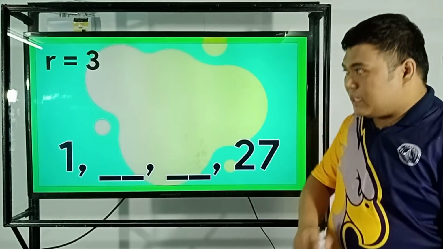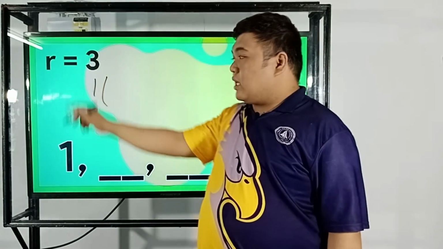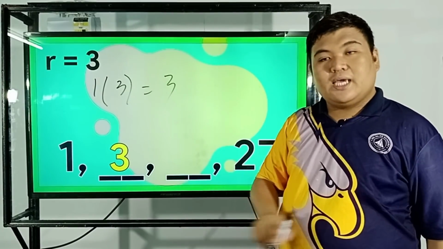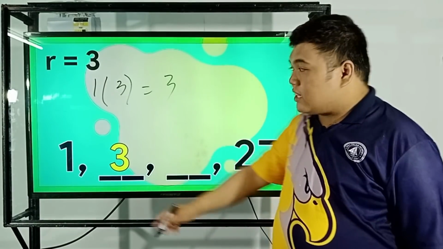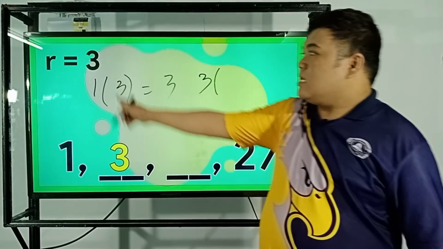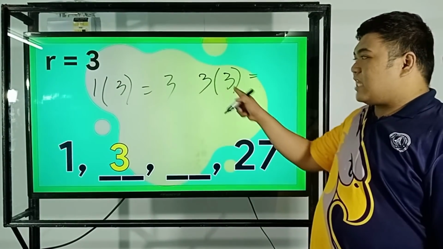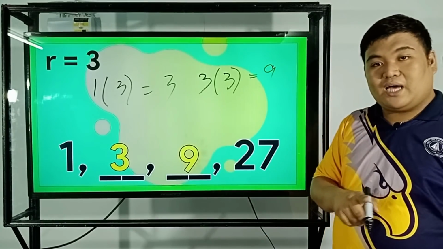Katulad kanina, multiply. We have the first term na 1 times the common ratio na 3. That is 3. Then, para makuha yung third term, yung last number na nakuha natin na 3 times the common ratio na 3. Daming 3, no? 3 times 3 is 9. That is the third term.